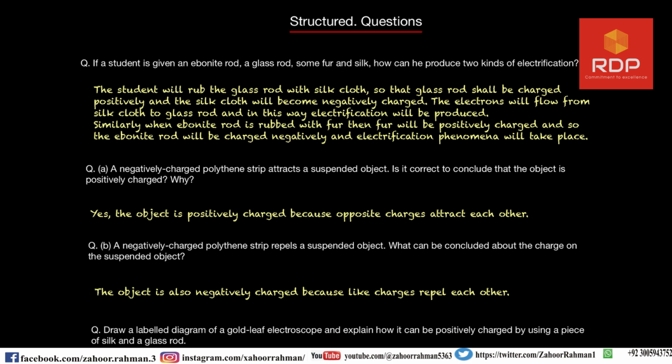On the other hand, if the ebonite rod is rubbed with the fur, then the fur will be positively charged, and so the ebonite rod will be charged negatively. And similarly, if they have opposite charges, the electrification phenomenon will take place. This is the answer of question number 5.